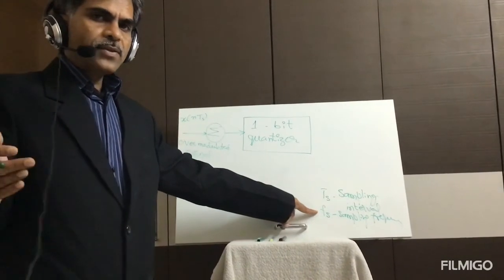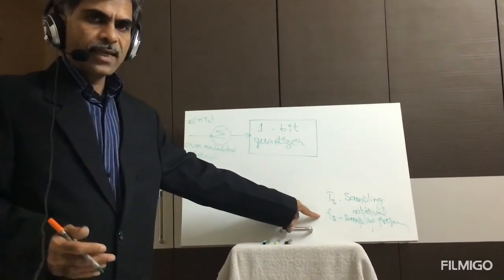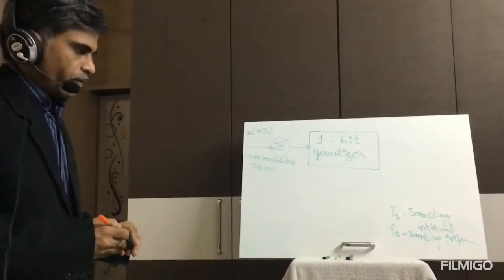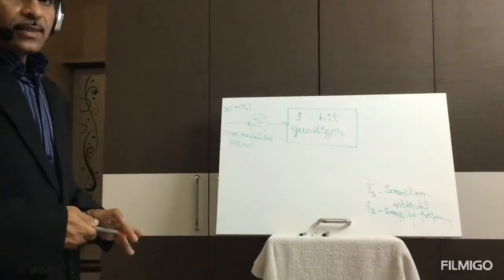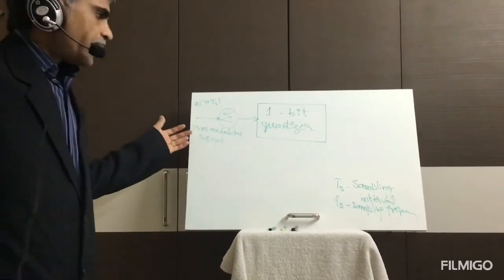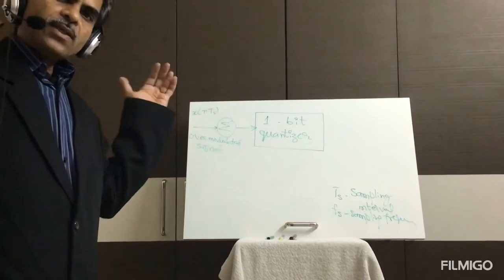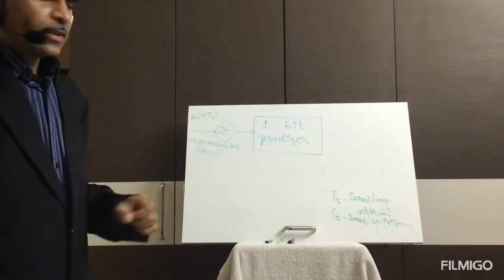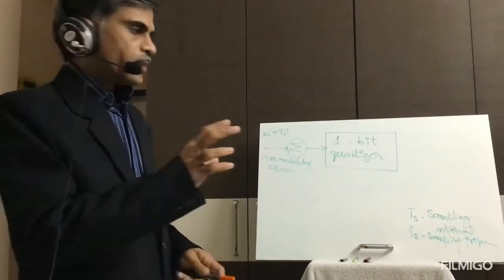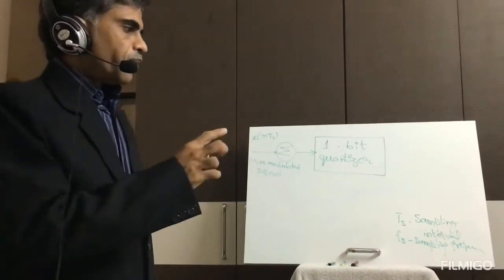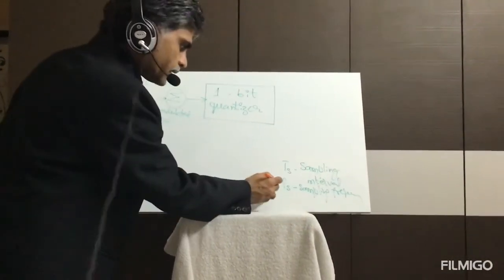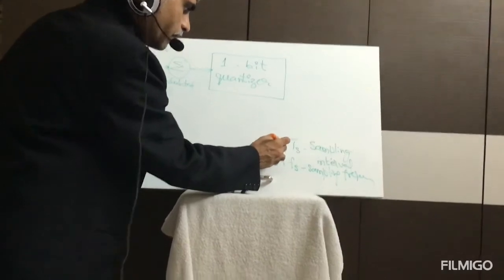The minimum value should be the Nyquist rate here, that is Fs must be at least equal to twice the frequency of the modulating signal or analog signal, which is the Nyquist rate, but we will maintain that sampling rate to be much higher than the Nyquist rate in order to improve the signal to noise ratio, because once you increase the sampling rate, then Ts will be reduced.